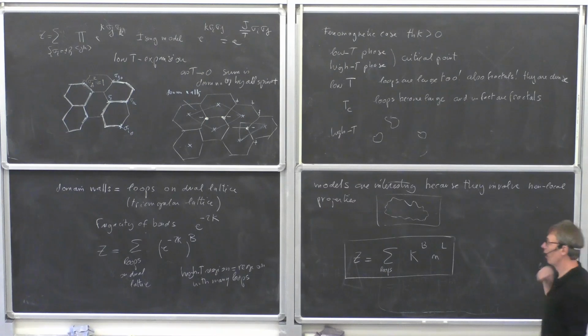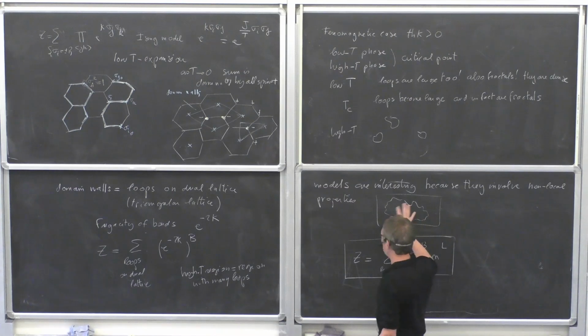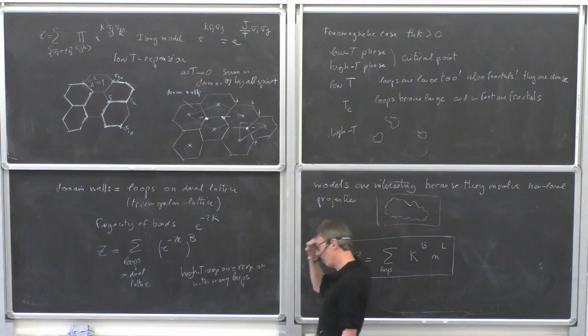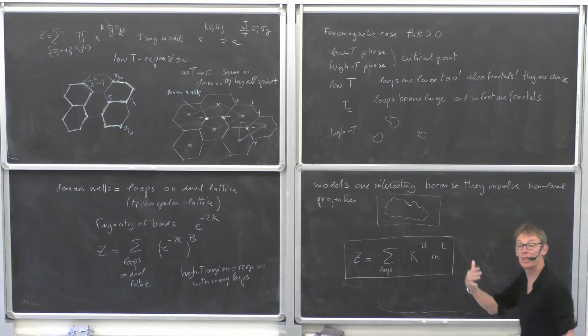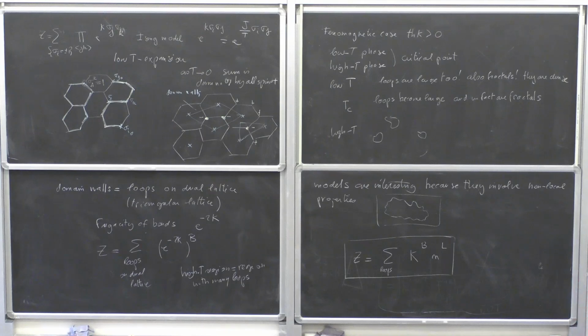And in particular, the best way to see this business is to meditate a bit about what contours, what domain walls mean in the high temperature phases. And domain walls in the high temperature phase can be highly non-trivial, even if the spins themselves are trivial. So this is one of the interesting things to remember.